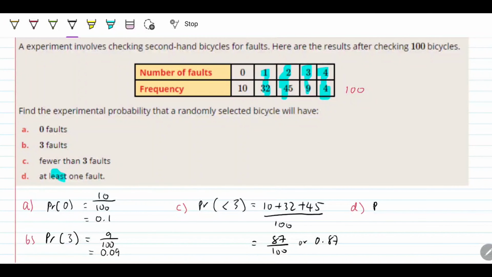So the probability of greater than or equal to 1 fault is going to be 32 plus 45 plus 9 plus 4 over 100. This will be equivalent to 90 over 100, which is the same as saying 0.9.